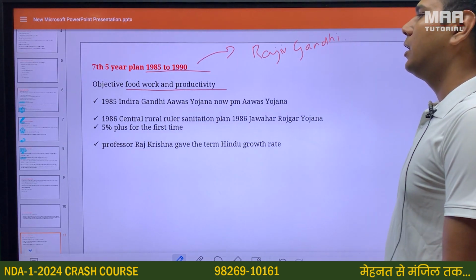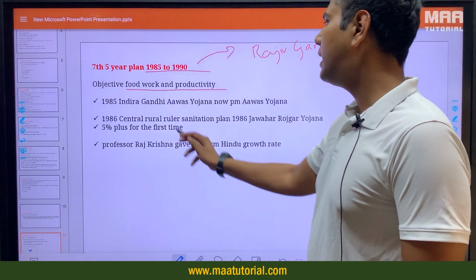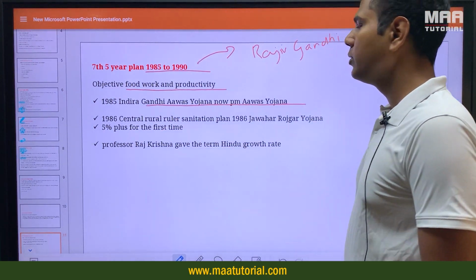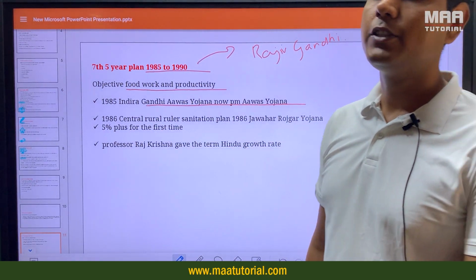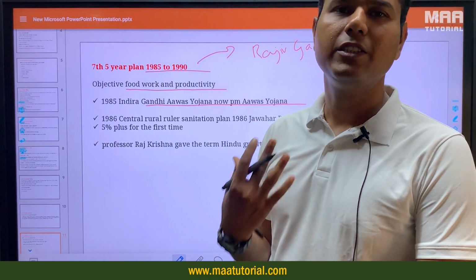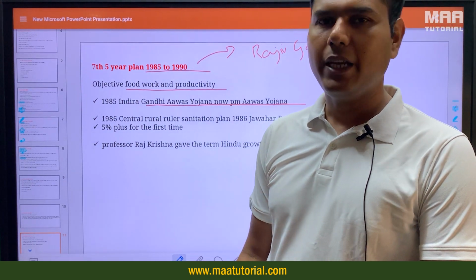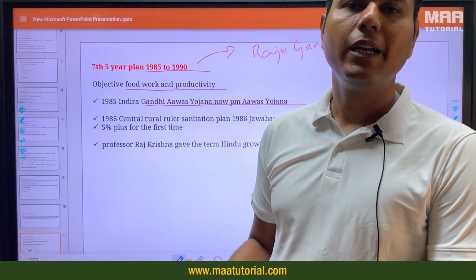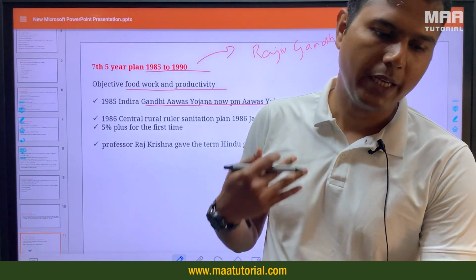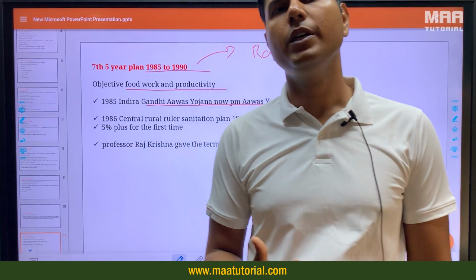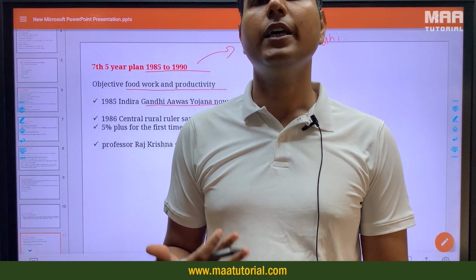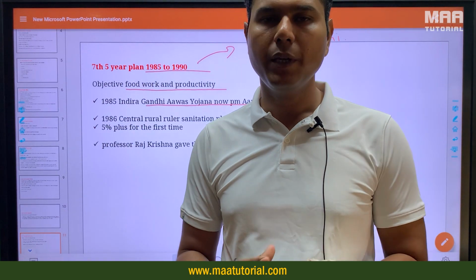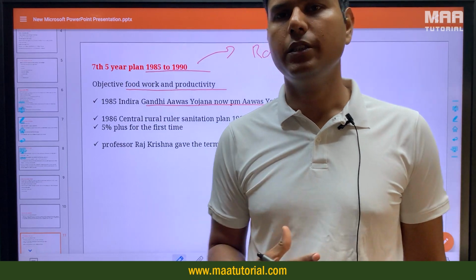Okay. In 1985, Indira Gandhi Awas Yojana was now introduced. Today it is called PM Awas Yojana. The idea is when you have infrastructural development, the economy takes a boost. It is seen that when government spends a lot of money in the economy, it has an expanding effect on the economy. Economy expands, it grows faster.